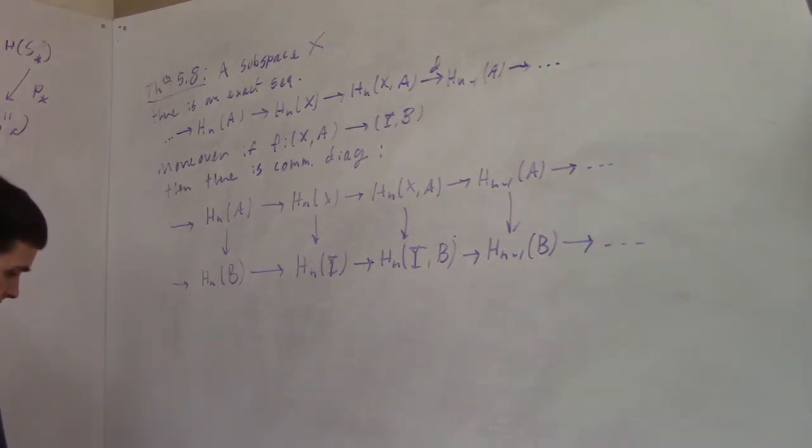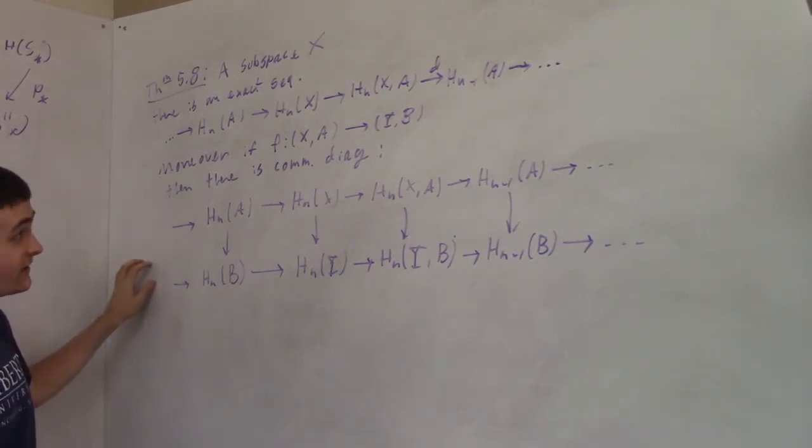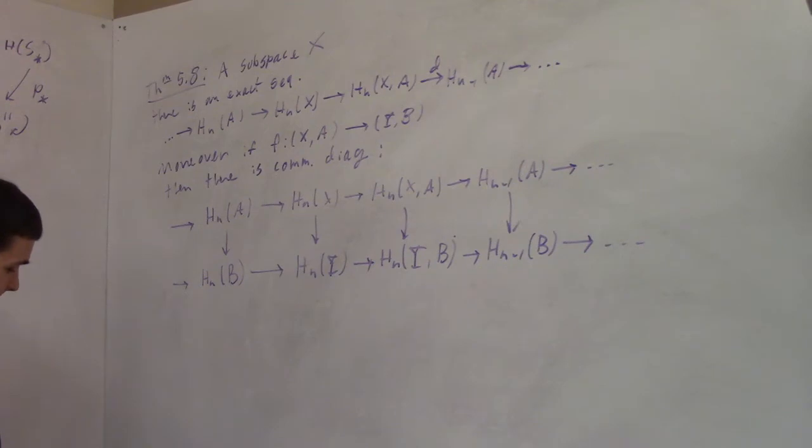So this one gives us the exact sequence and the chain map. So that's pretty nice. We get a lot of stuff for free. And the proof here, they say, is immediate from theorems 5.6 and 5.7. I looked over this for quite a bit. For the life of me, I could not figure out how they did that.